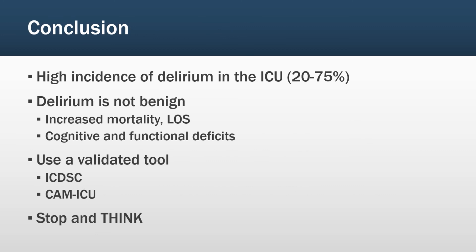So in conclusion, there is a high incidence of delirium in the ICU, depending on the patient population, anywhere from 20 to 75%. Delirium is not a benign pathology, with evidence of increased mortality and length of stay, as well as long-term cognitive and functional deficits. In order to manage delirium, we need to recognize it, and the ICDSC and CAM-ICU are two validated tools that identify delirium.